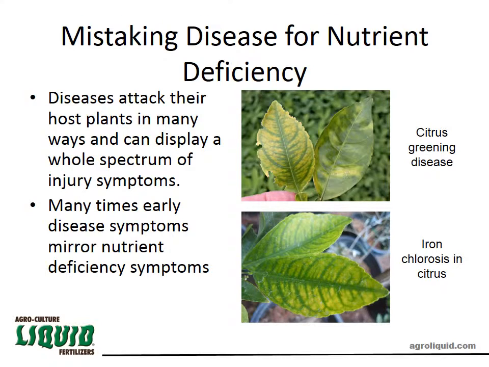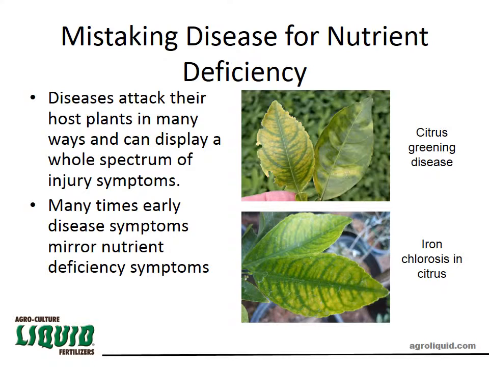Also, diseases can be mistaken for nutrient deficiencies many times. Diseases attack their host plants in many different ways and can display a whole spectrum of injury symptoms. A lot of times those injury symptoms can mirror a nutrient deficiency symptom. As you can see here in the citrus leaves, iron chlorosis and citrus greening disease look very similar due to that interveinal chlorosis look.